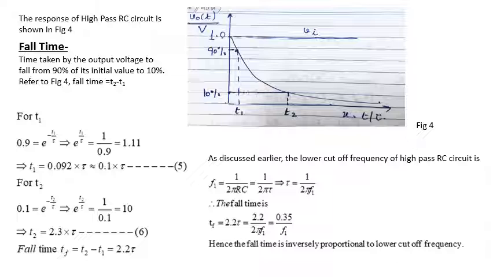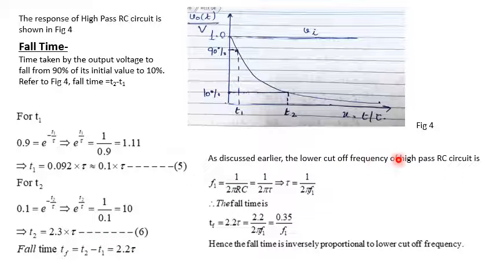And for the time t2, the time at which the output voltage remains 10% of the maximum value, it comes out to be t2 is equal to 2.3 times tau, that is RC, and the difference between these two, which we have defined as the fall time, is equal to 2.3 minus 0.1 times tau, or it is equal to 2.2 into time constant. So this is the expression for the fall time of high pass RC circuit.